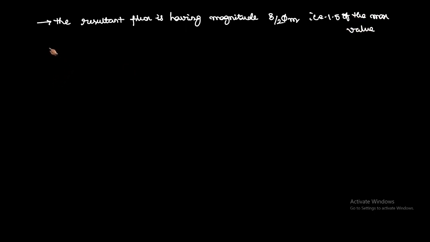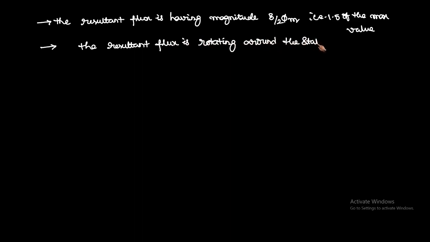Next, another point you can note down is that the resultant flux is rotating. That is what we have seen. The resultant flux is rotating around the stator at synchronous speed, given by ns equals 120 f by p.